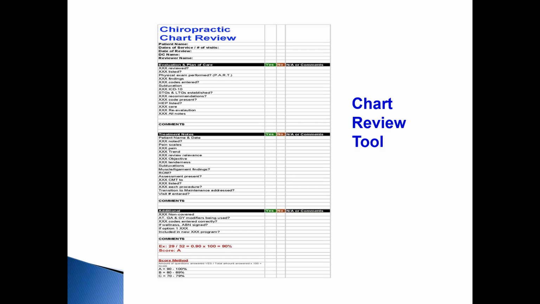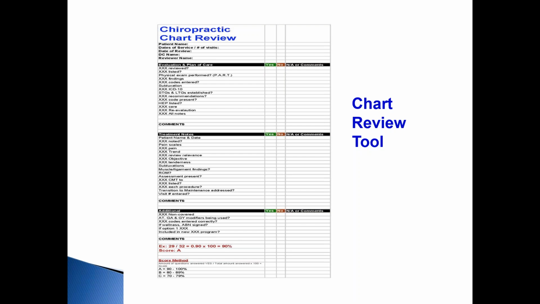Did you put down the amount of time you spent doing each time-based code? Did you write down the muscles that you are doing the rehab exercises on? Did you write down the specific bones that you adjusted in the notes? So there's a whole bunch of questions that you ask yourself. In this case, there were 32 questions.